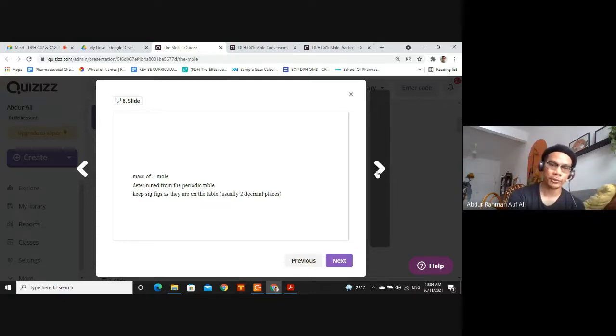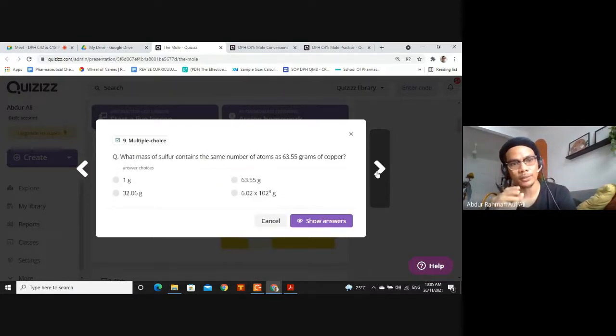Berat 1 mol hidrogen adalah sekian. Berat 1 mol of carbon adalah sekian. Because multiple people have performed experiments and tests and they verify each other. Okay, mamak ni buat test, dia dapat okay, hydrogen 1.008. Mamak lain buat test dekat Perancis, okay, dapat juga the same value. The other chemist dekat Monaco dapat okay, the same value juga. So that's how we get the values yang ada dalam the periodic table.